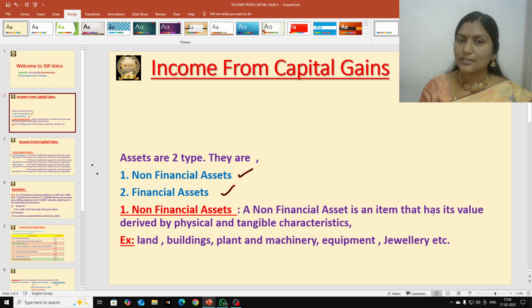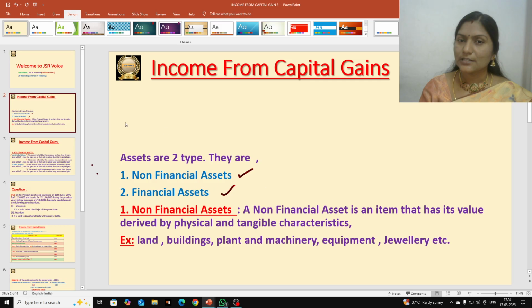We should calculate how much he is actually earning out of that sale. For calculation of income from capital gain, we have to classify the assets into two types, non-financial assets and financial assets, and we have been discussing non-financial assets. Examples are land, buildings, plant and machinery, equipment, jewelry, gold ornaments.